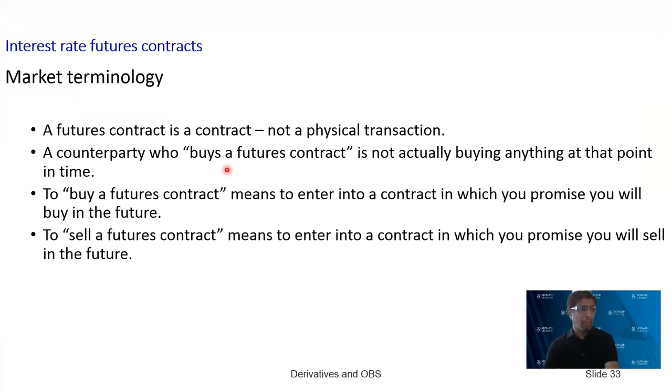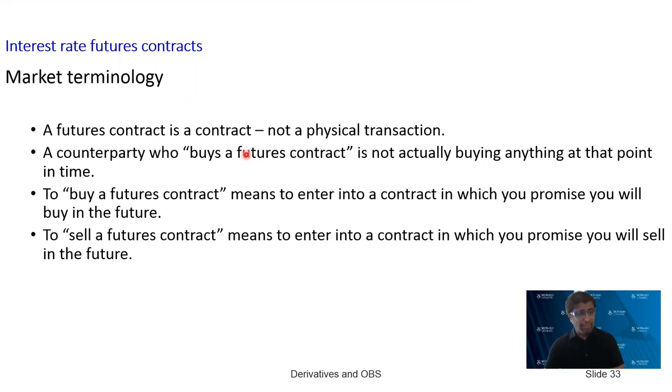Now, let's go to futures. And let's start with some market terminologies. A futures contract is a contract, not a physical contract. It's like the forward contract, but they settle it when the interest rate changes during the life of the contract.